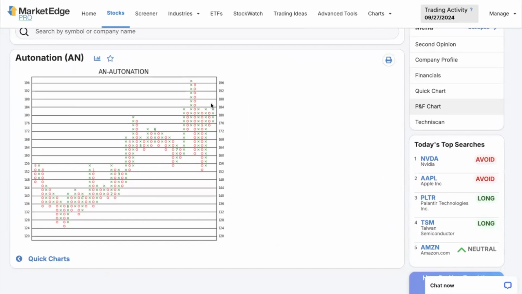As you can see over here, this little spike higher, whether it was earnings or whatever, was out of a double top breakout there. You had the X's, and all of a sudden you had this big spurt from 184 up to 196. You had about a 12-point run in there before it reversed. That was a breakout. A lot of times when you get these breakouts, you'll get a spike and a long string of X's going forward.